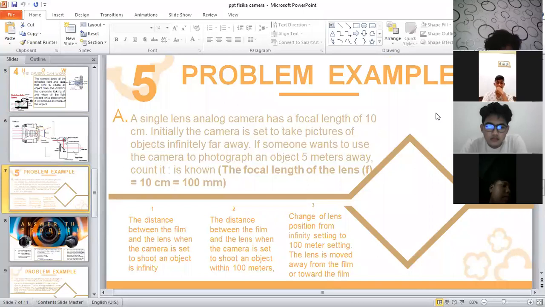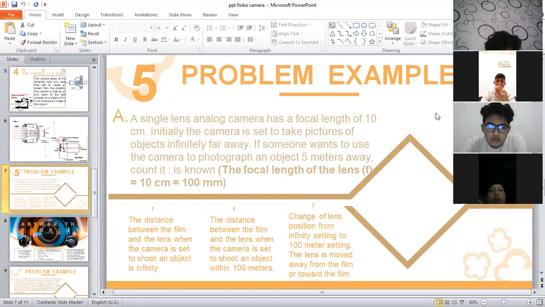If someone wants to use the camera to photograph an object 5 meters away, count now the focal length of the lens f equals 10 cm and 100 millimeters.